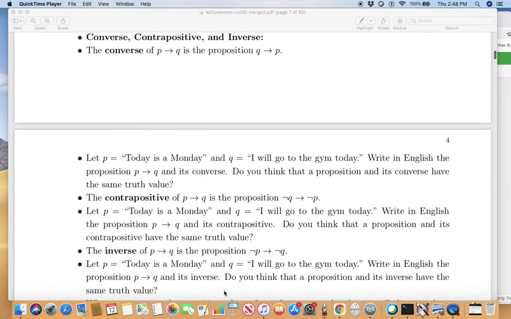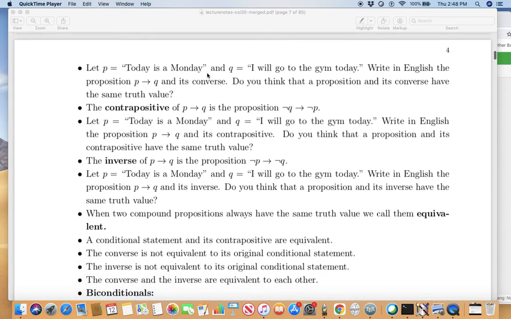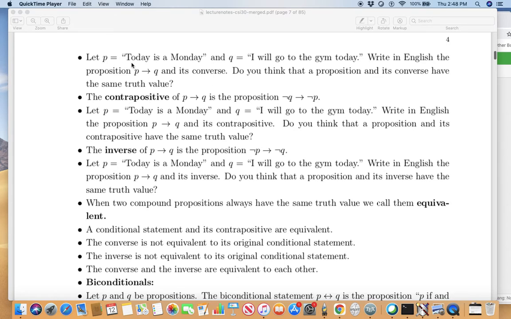Okay, converse, contrapositive, and inverse. The converse of P implies Q is the proposition Q implies P. Converse means the reverse direction. For example, let P be today is a Monday and Q be I will go to the gym today.